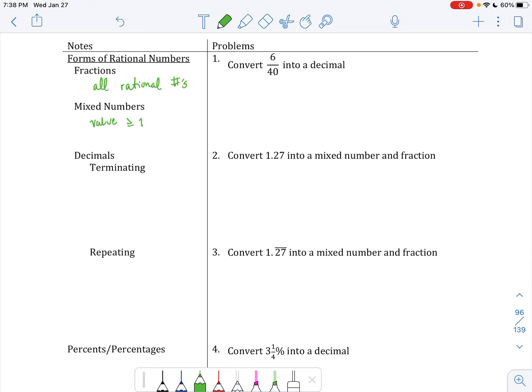Now with decimals, there are 2 types of decimals that are rational. The first one is called the terminating decimal. So terminus, if you remember your Latin, means end. And so a terminating decimal just means that it has an end. So an example of this would be something like 3.625.